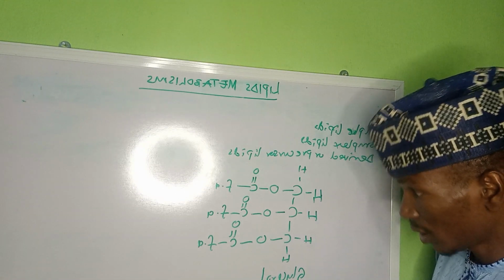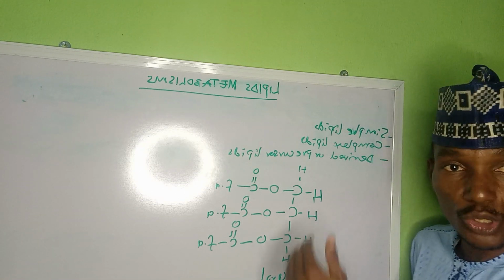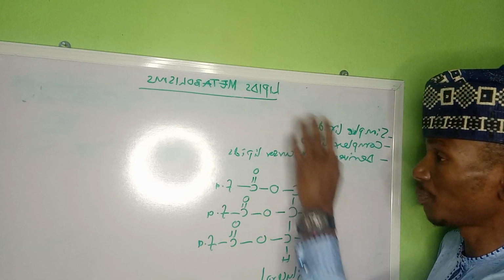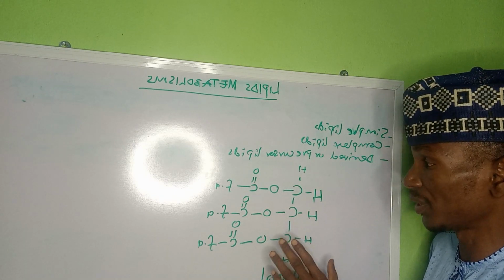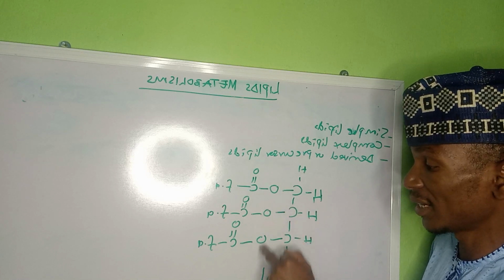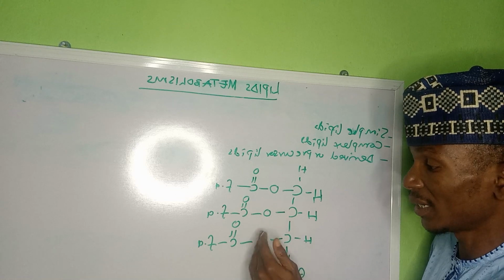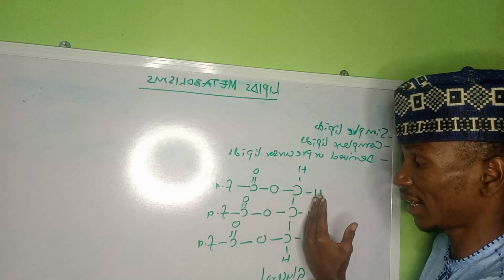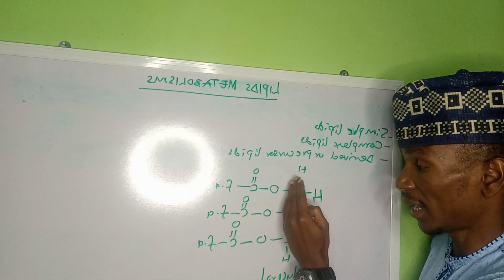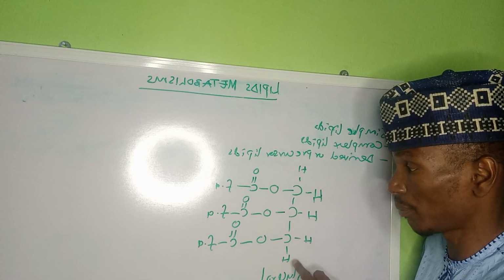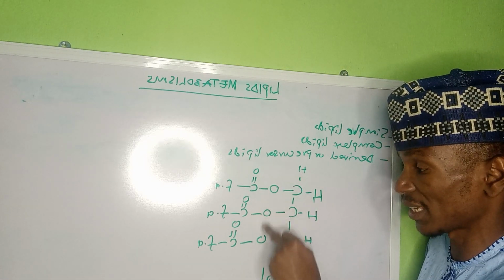Now, from the structure written on the board, as you can see, this is the simple lipid, a common example of the simple lipid, which is esterified. This is the ester bond existing between the fatty acid and the alkanol, which is the glycerol backbone. This is the glycerol backbone, and this is the ester bonding existing between them.